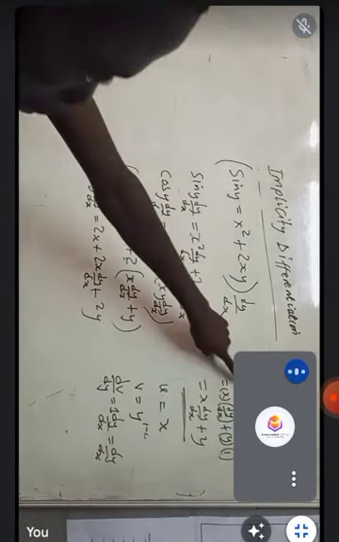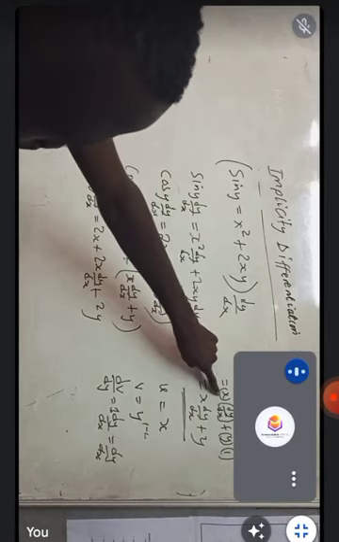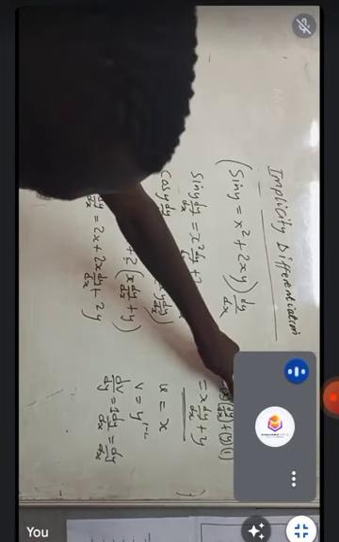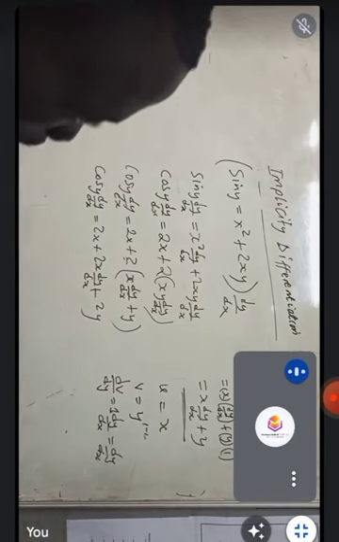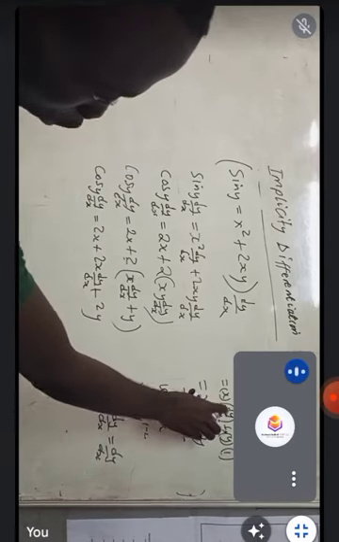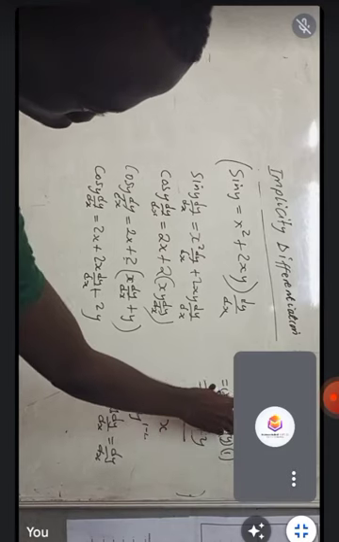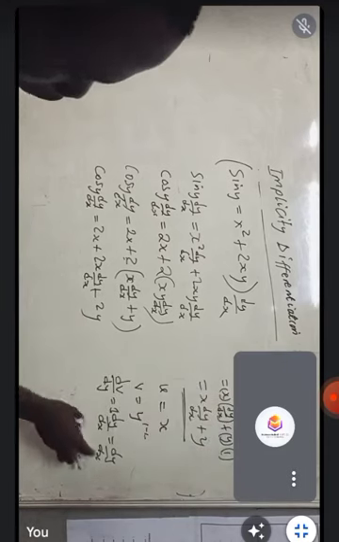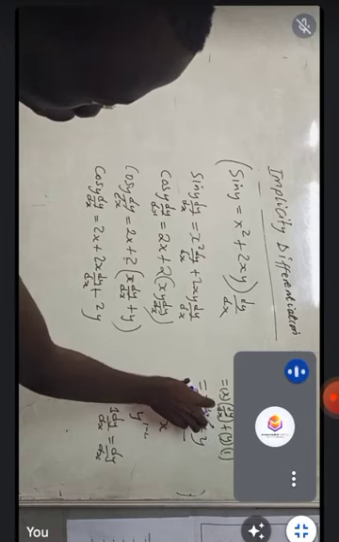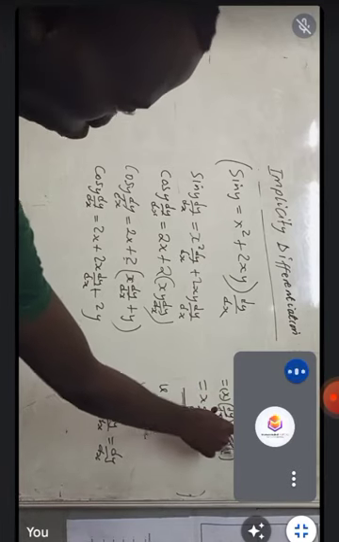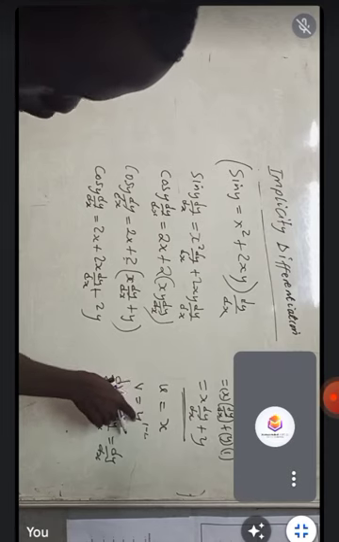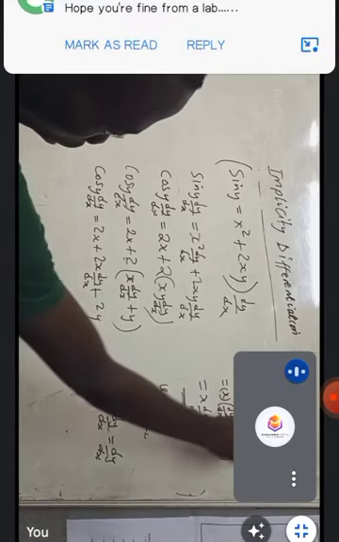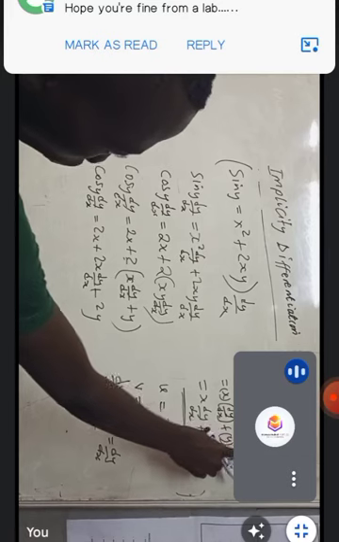So u is x, which is this one, dv/dx is equal to what? dy/dx. This is what I've put here, dy/dx. For the dv/dx, which is this one, dy/dx. Then we have plus v. Our v is y, which is this one. This is y. Then our du/dx.